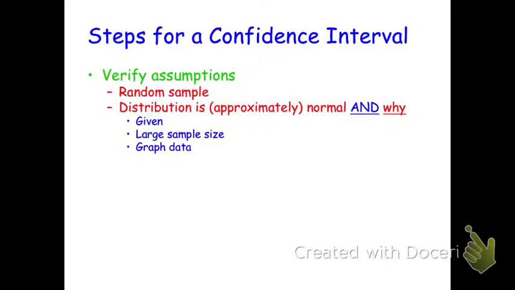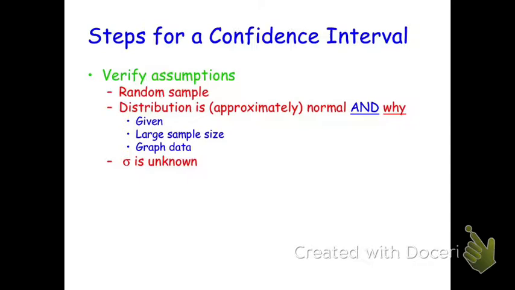It's either given from the population, or it's a large sample size, which means it's the CLT, central limit theorem, because n is greater than or equal to 30. And the third is when n is not greater than or equal to 30: you have to graph the data, but I'll show you that next class. So don't worry about that yet.